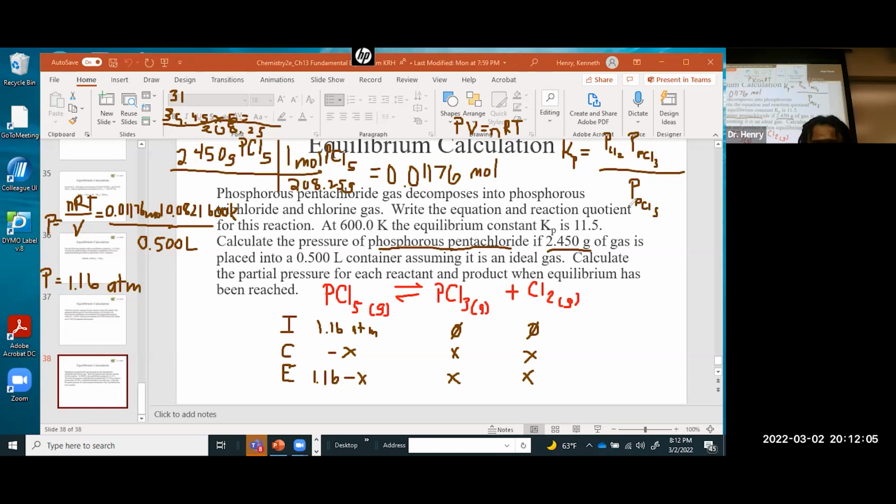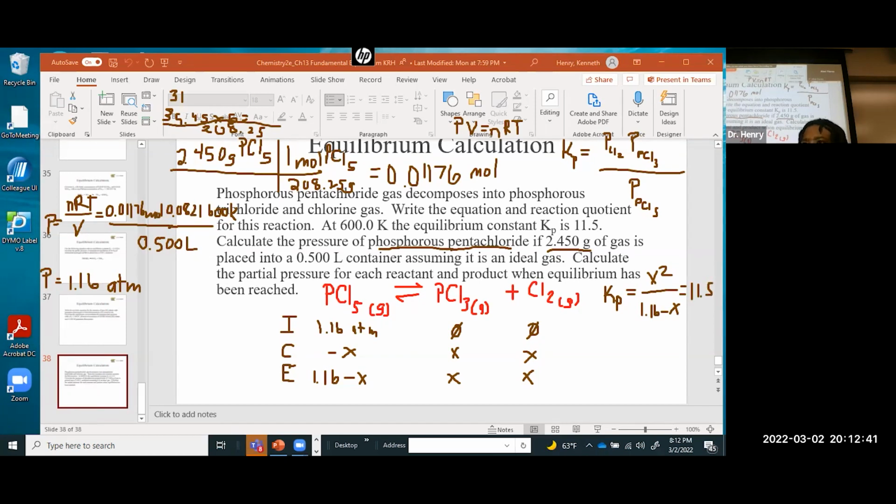Okay. So then we plug in our values. So we get Kp equals X squared over 1.16 minus X, and that's going to equal 11.5.